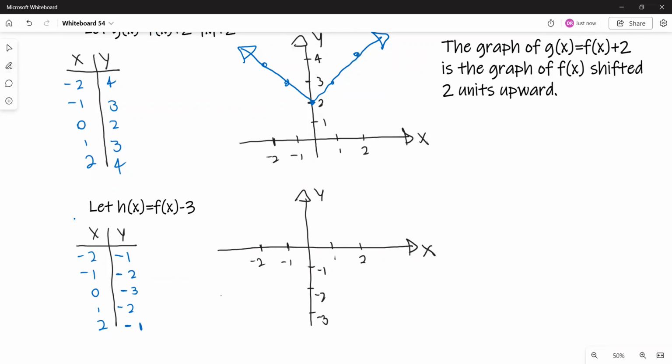So some points are (-2, -1), (-1, -2), (0, -3), (1, -2), (2, -1). And we can even include (-3, 0) and (3, 0).